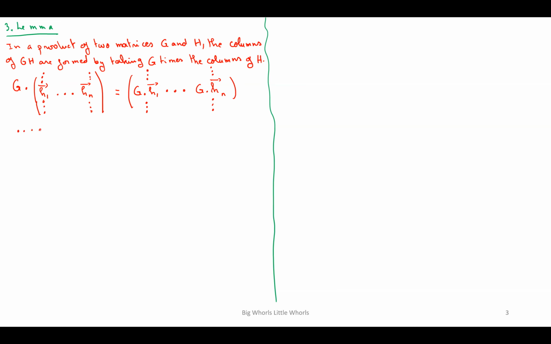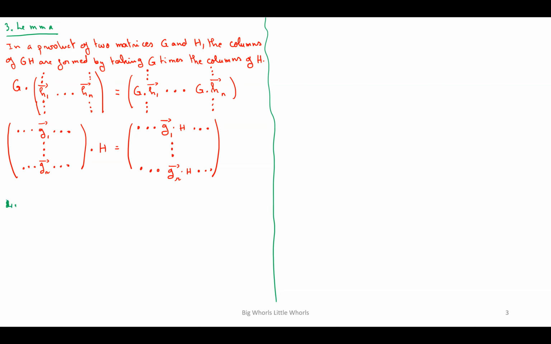So we have rows G1, G2, G3, up to GR, times H equals G1 times H, up to GR times H. Okay, let's continue with, as I said, this is going to be a bit long tutorial.